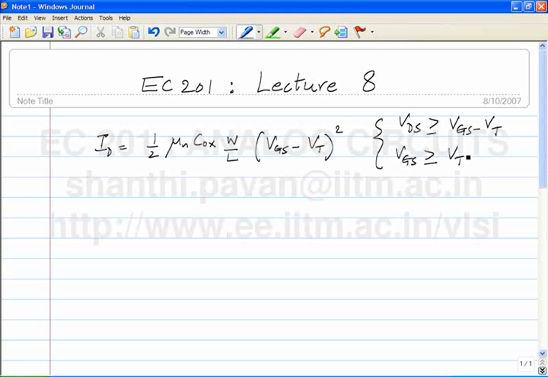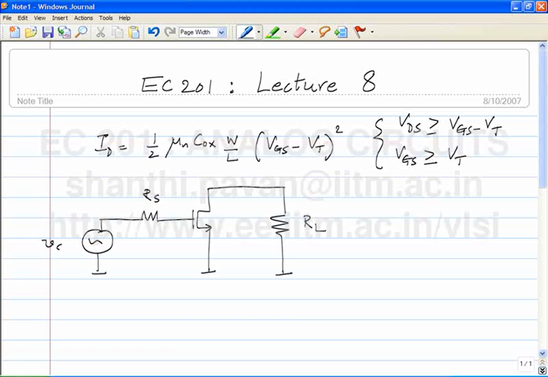Alright. So continuing on, we basically wanted to make an amplifier. So we can now replace the two-port, the brick that we've been seeing so far, with the symbol of the transistor. And this is RL, this is RS, this is VS. So if this chap here is biased properly, what do I mean?